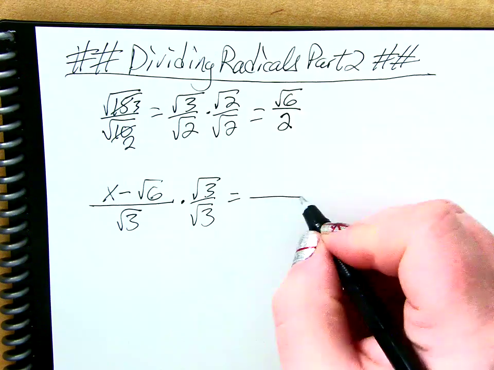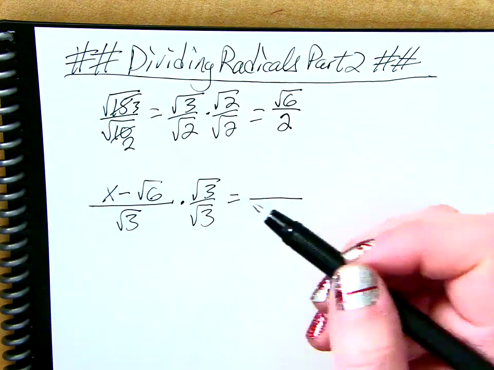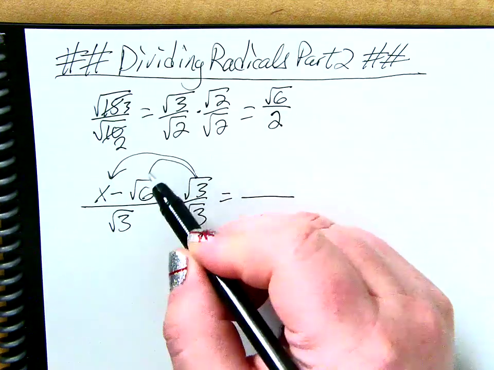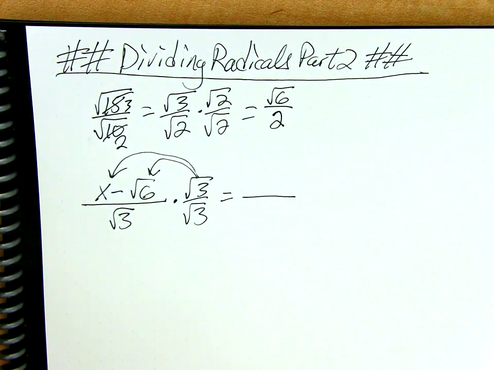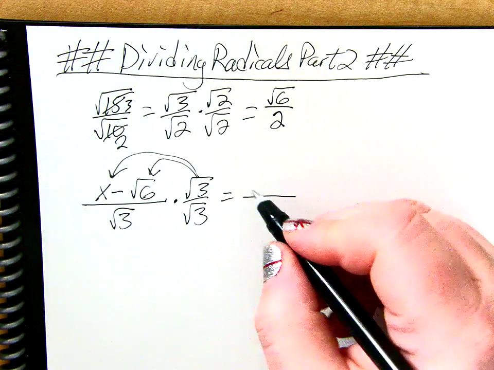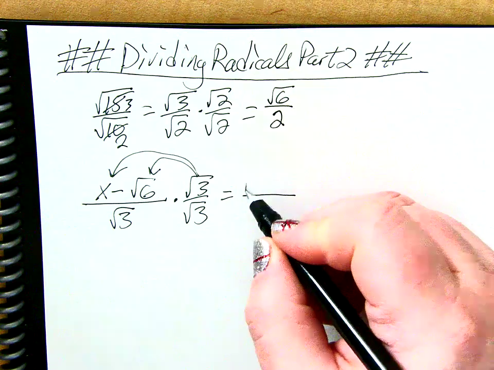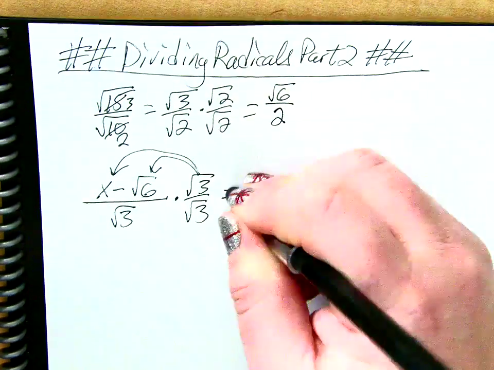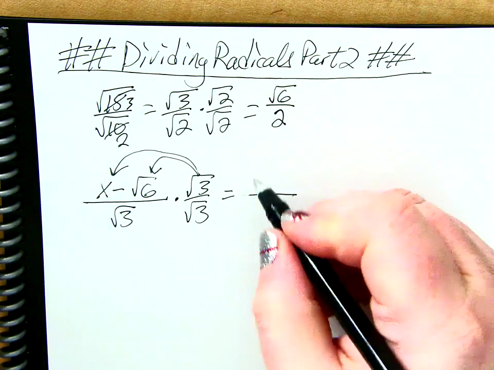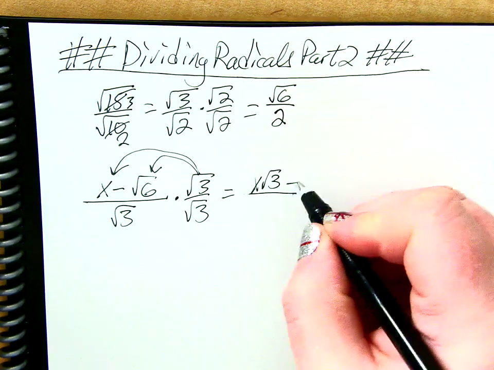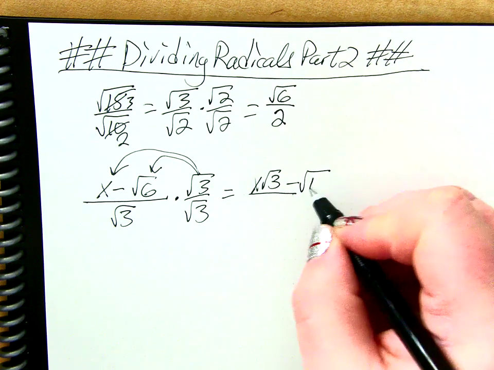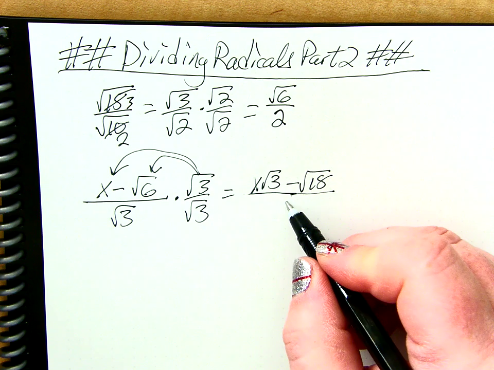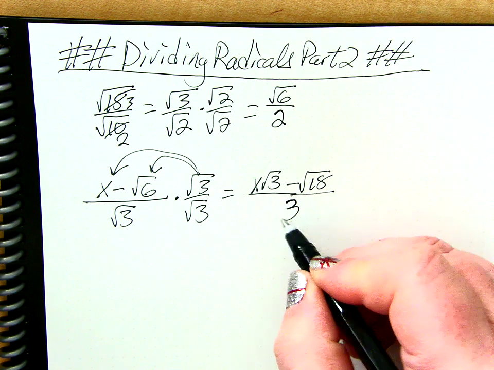Just be careful now, in your numerator over here, you're going to have to distribute because you have two pieces. So we're going to multiply that square root of 3 to both of those parts. Okay? So this becomes, actually, we should put the x first and then the square root of 3. So x square root of 3 minus square root of 18, and that would be all over 3.